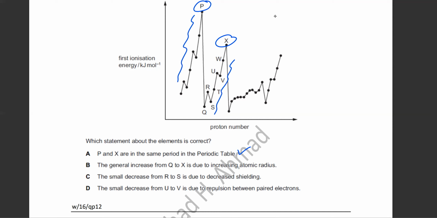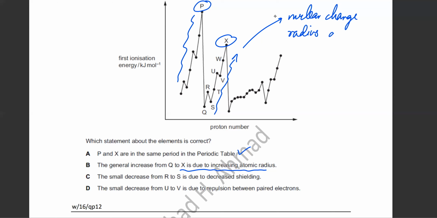The general increase from Q to X is due to increasing atomic radius. So Q to X is talking about this general increase. Why do the ionization energies increase across the period? There are two factors. There is an increasing nuclear charge or proton numbers, and the other one is that the radius decreases.